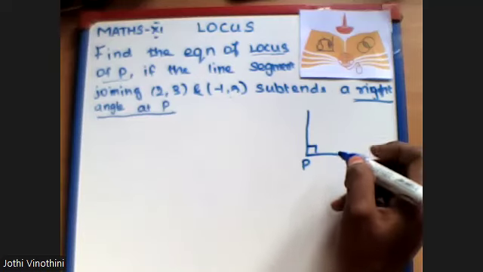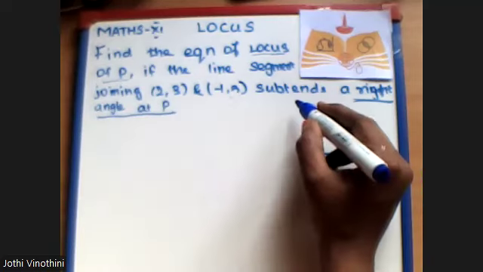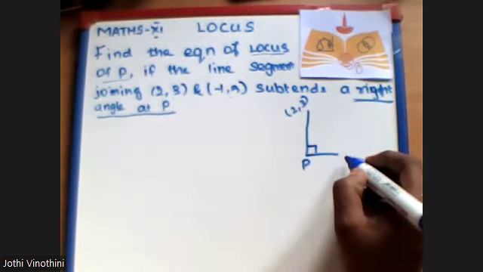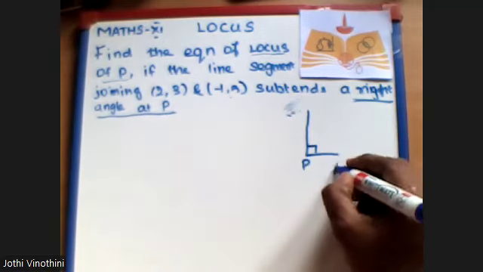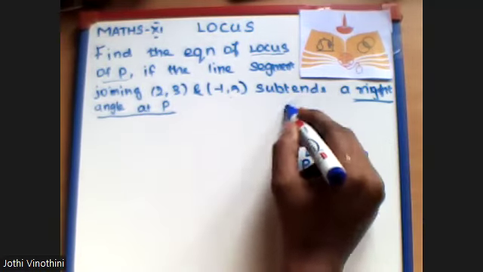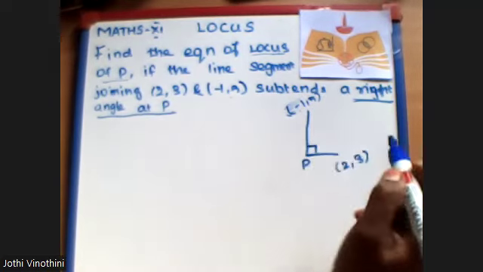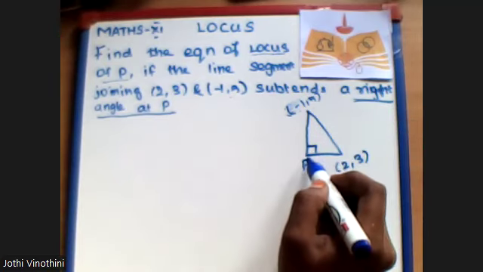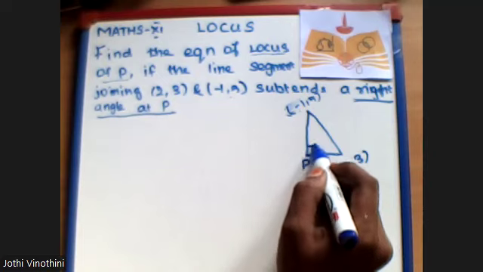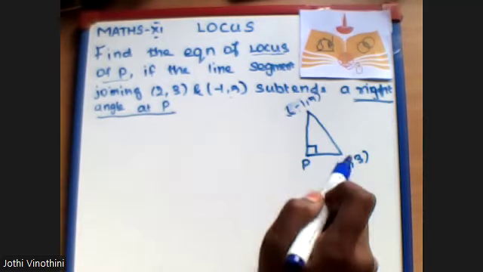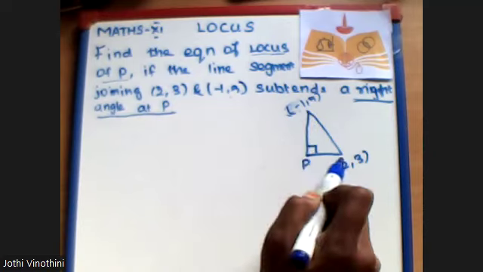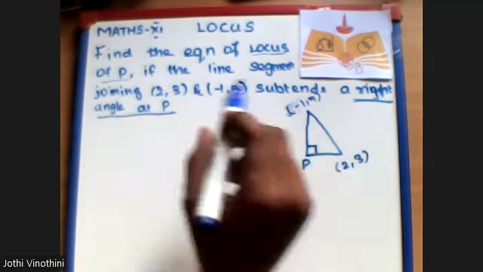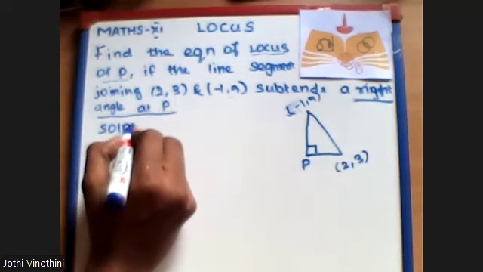There are 2 points, 2, 3 and minus 1, 5. Let us consider this a right angle triangle, because at P the angle is 90 degree. If we connect the 2 points, it will form a right angle triangle. Okay? Let us solve the solution.